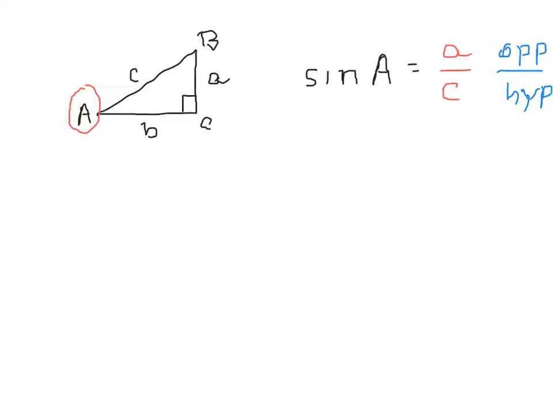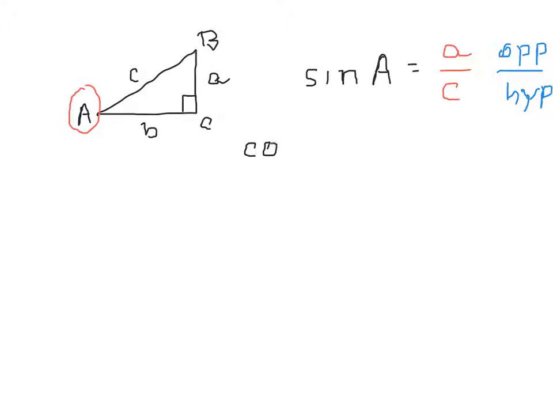The second trig ratio I'm going to talk about is cosine. Now we're still talking about the same angle, but cosine is a different ratio than sine. We're going to abbreviate this again with 3 letters, and we're going to say COS for cosine. Okay?